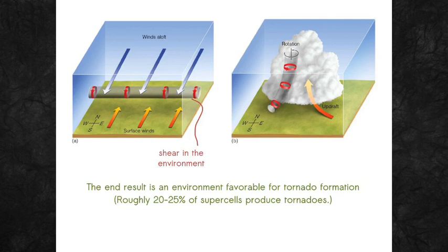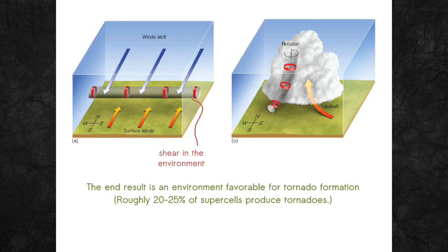This is really just explaining why the updraft rotates, which in turn is an environment favorable for tornadoes. But it doesn't actually produce tornadoes on its own. And in particular, most supercells don't produce tornadoes. The numbers are something like 20 to 25% of supercells end up producing tornadoes. So obviously you need something else in addition to this rotating updraft.